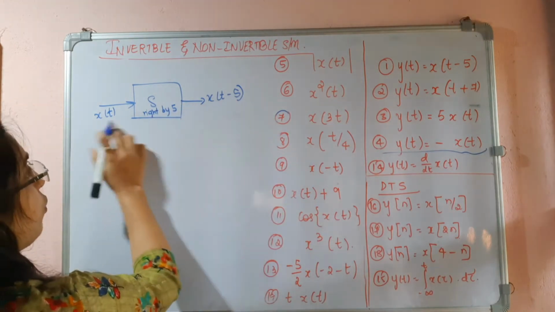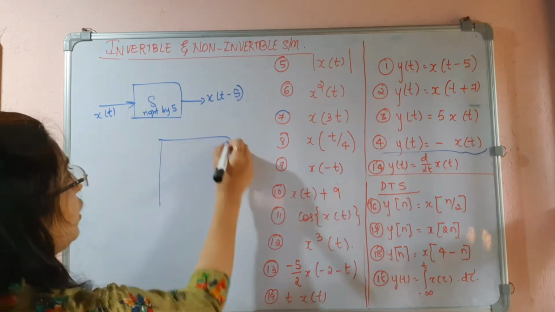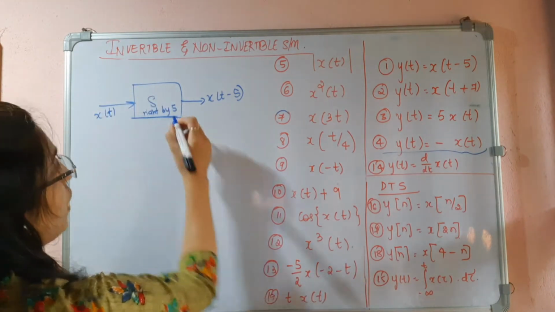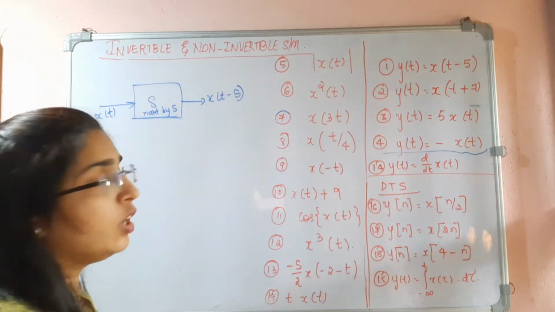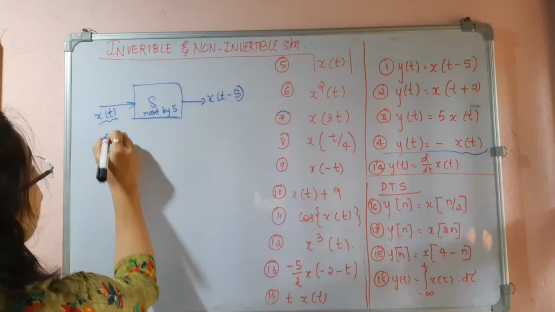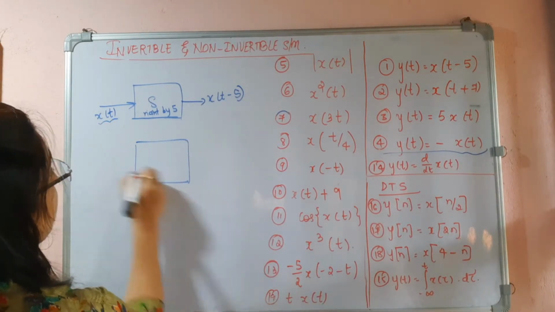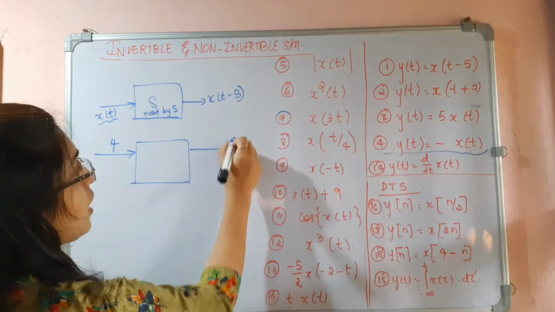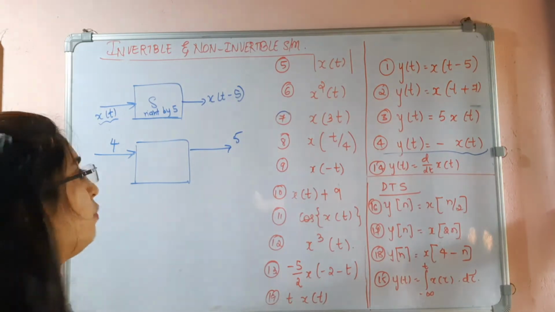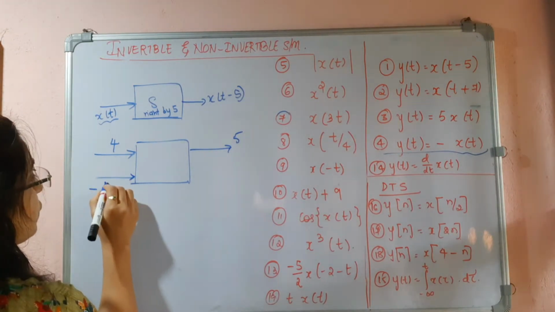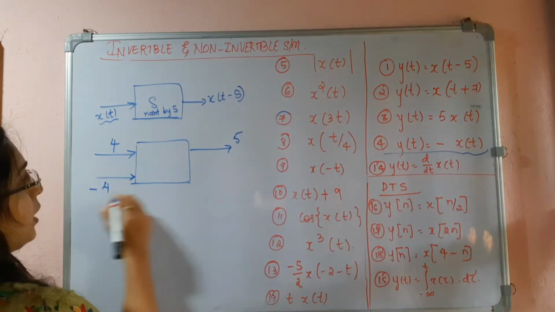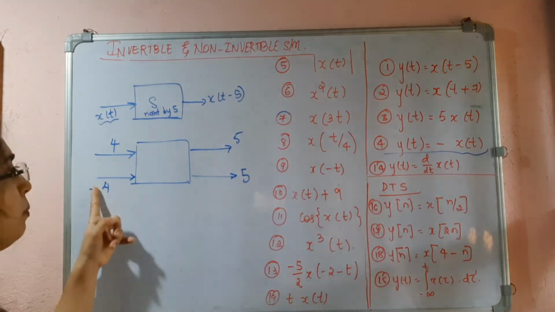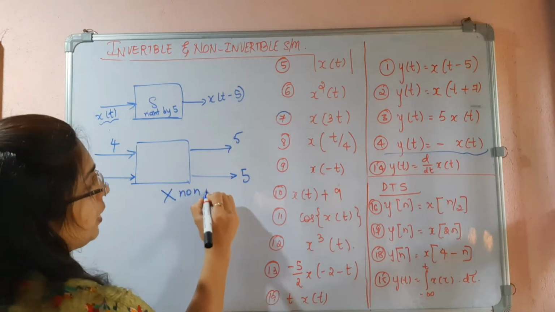Now we have to see whether there is a 1-to-1 mapping. For another example, to identify whether a system is invertible or non-invertible: if I give an input of constant 4 and it produces output 5, but if I give -4, another input, and it produces the same output for both inputs, then this is non-invertible.